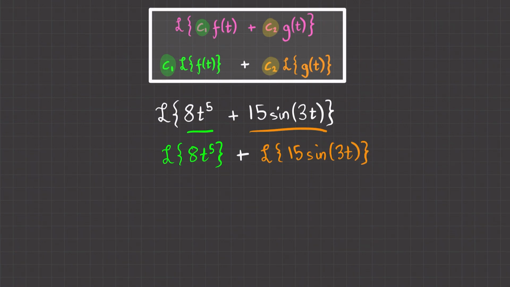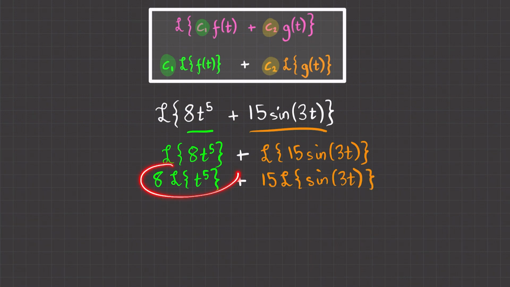Looking at the green part, we can take our numerical factor of 8 to give us 8 lots of the Laplace transformation of t to the 5. Then we're adding the orange part, and we can take out a numerical factor of 15, giving us 15 lots of the Laplace transformation of sine 3t.